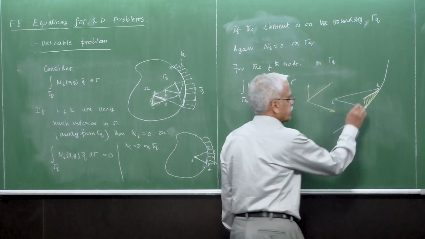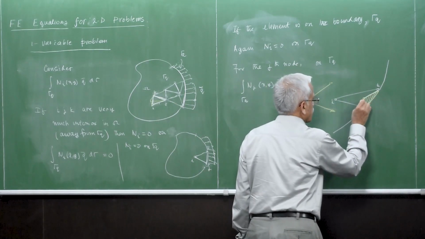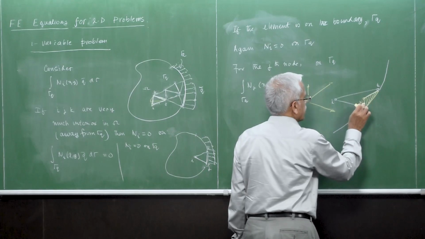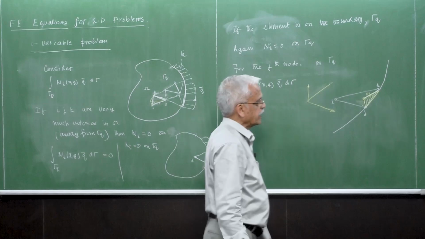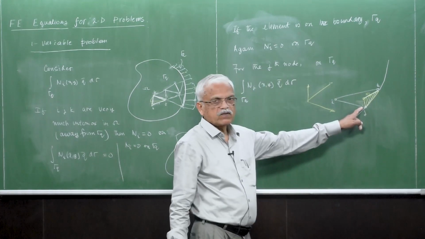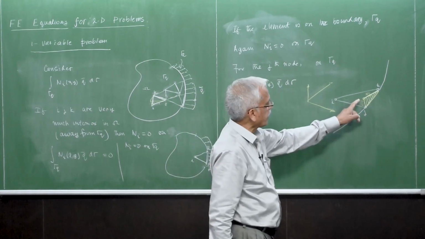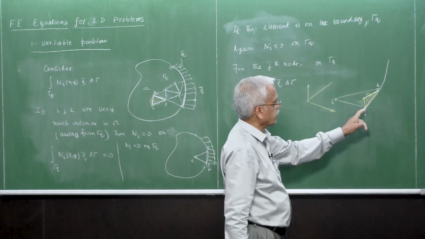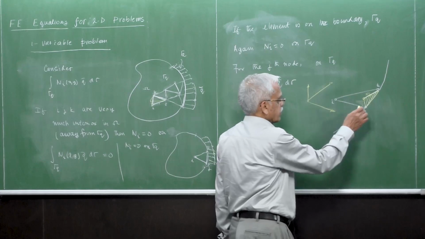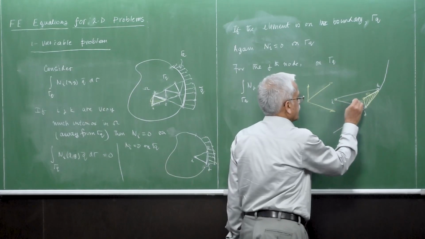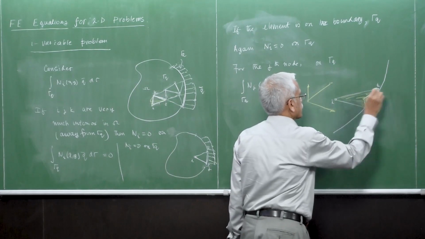I hope you're getting the picture here. So this is Nj, right? Nj is having a value of 1 here at the node j, and then we are only concerned along Jk. We are not really concerned how it is going to happen on the other side. Maybe it looks like this.